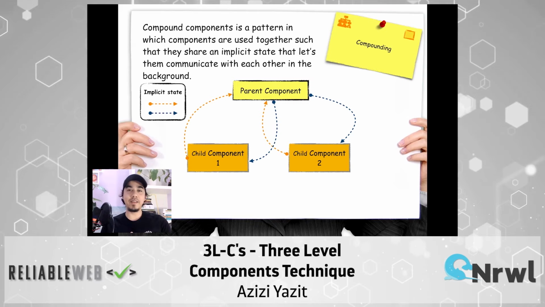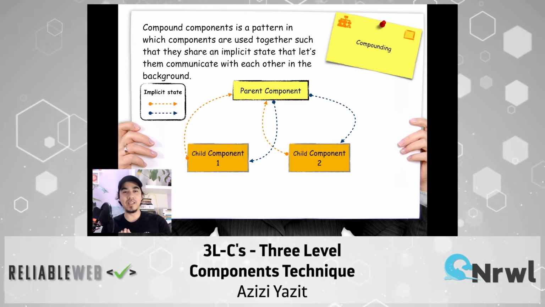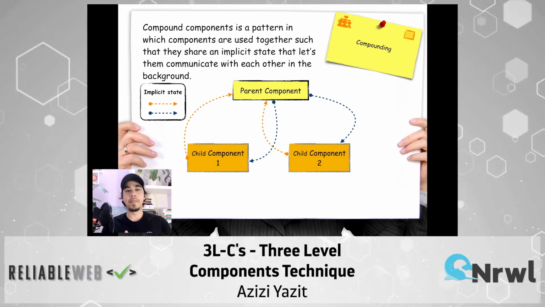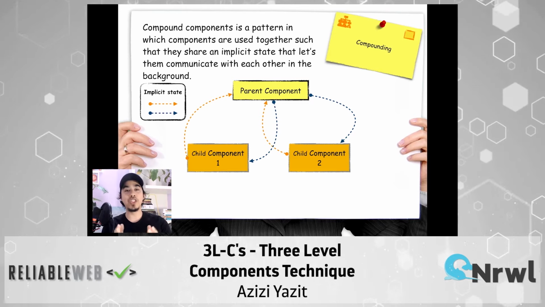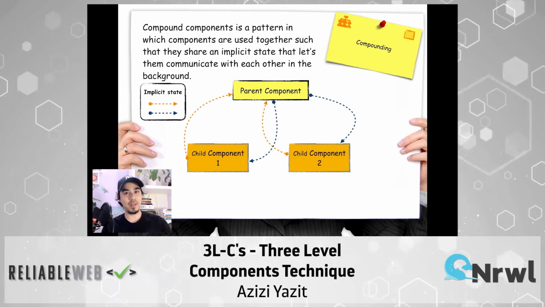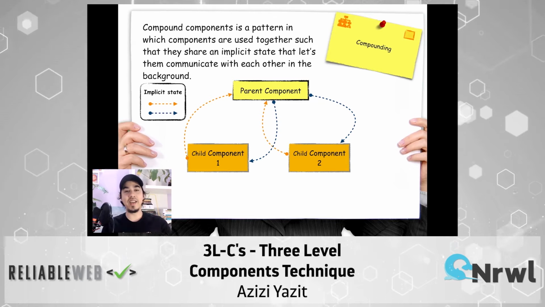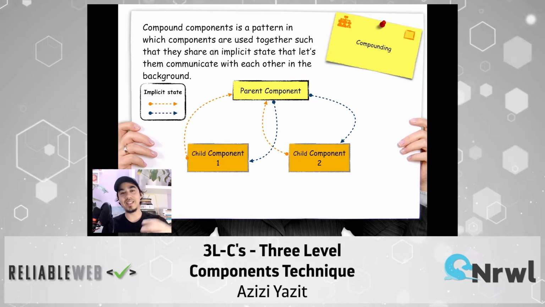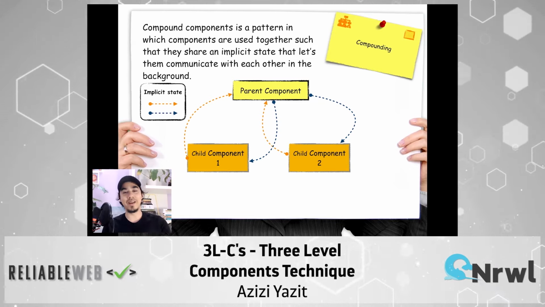In the compounding technique, we heavily use the pattern called the compound component pattern. The compound component is a pattern in which components are used together, such that they share an implicit state that lets them communicate with each other in the background.